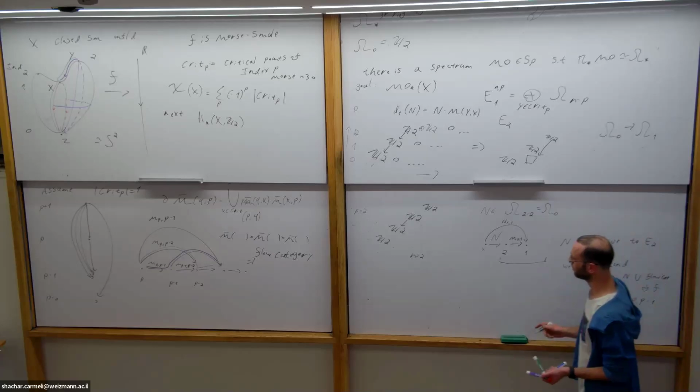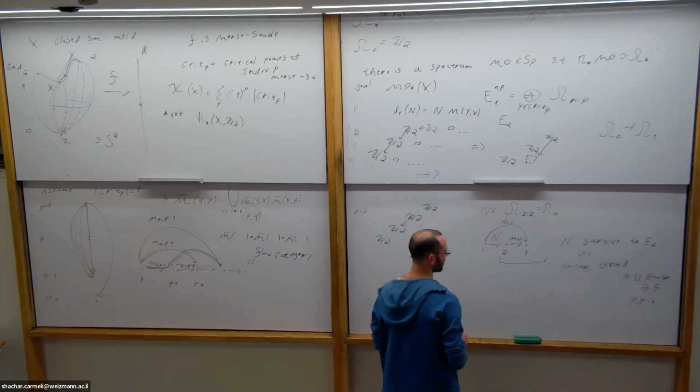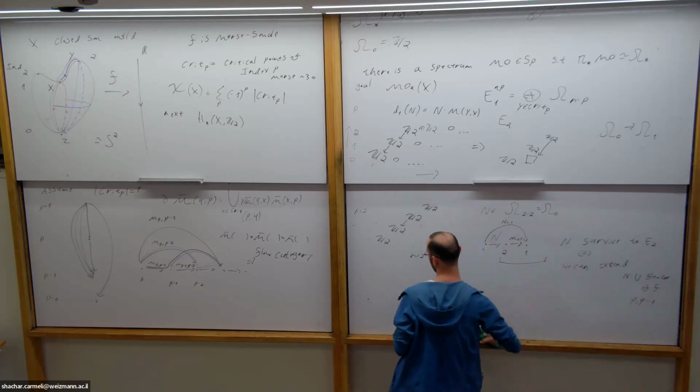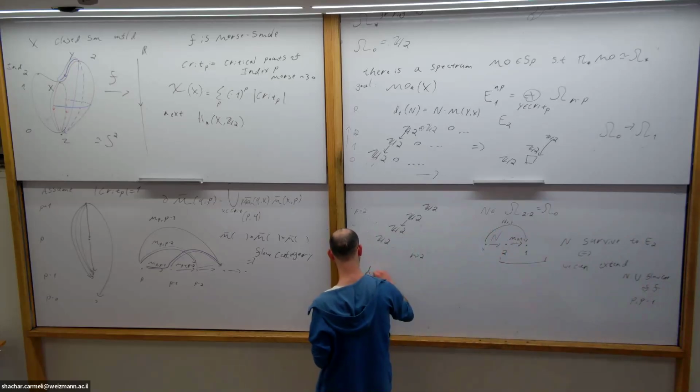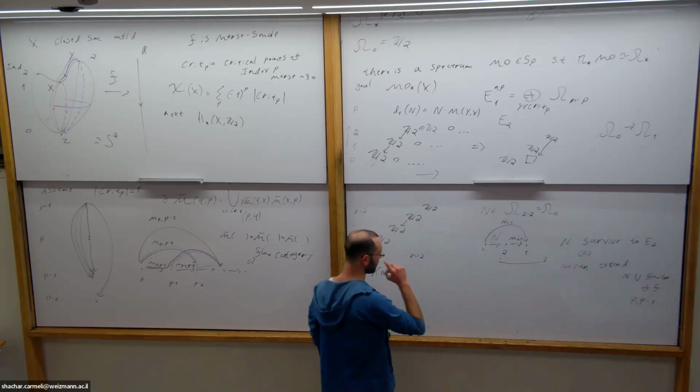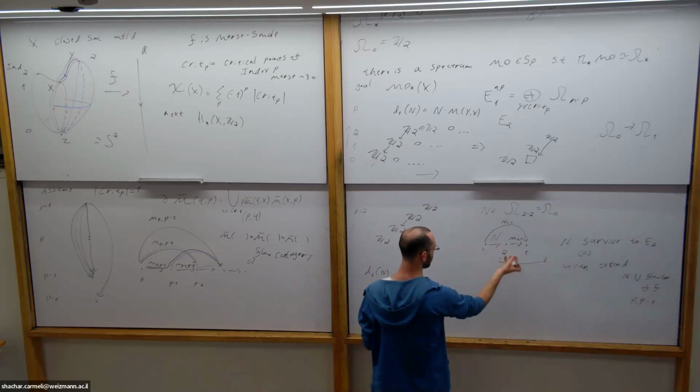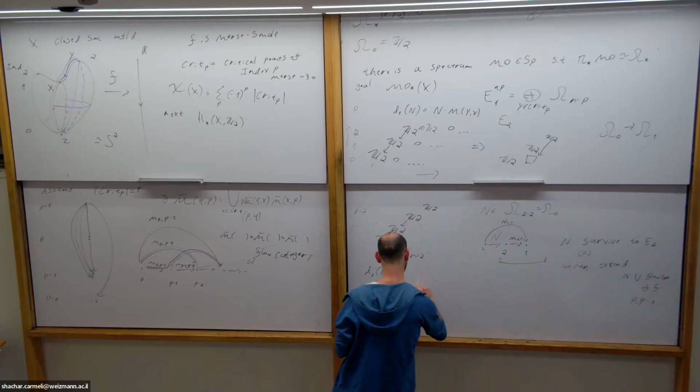Maybe I'll write the general thing after that. And to describe the second differential, d2 of n is given by this construction. So if n survives to the second page, you can draw this thing.